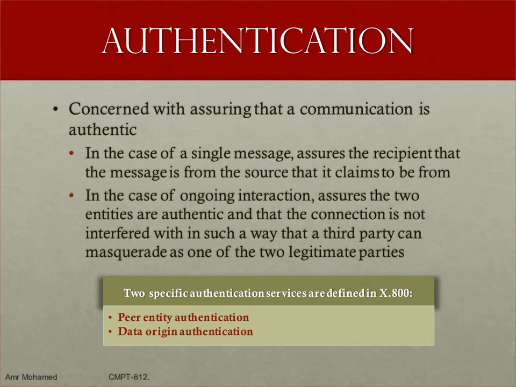By altering here, I mean that no one is impersonating any of the peers. Okay? That there is no man-in-the-middle attack. So that's what we mean by peer entity authentication.